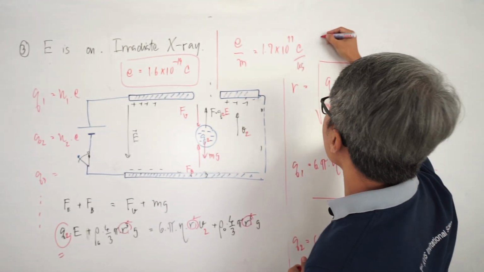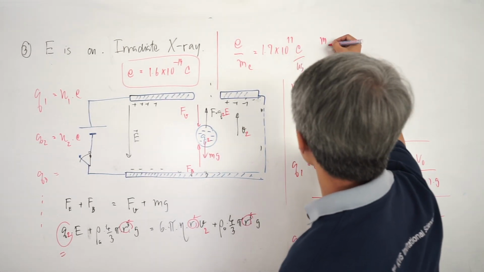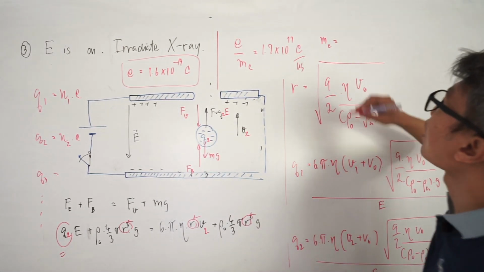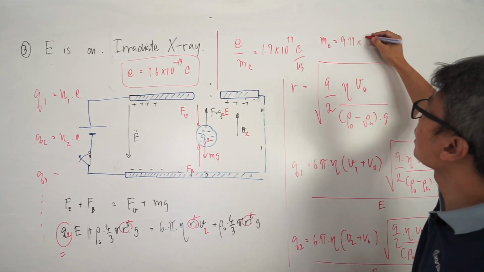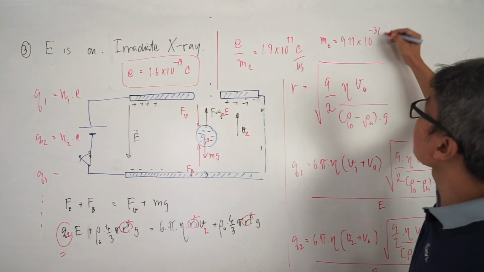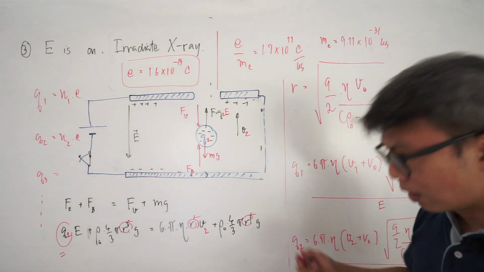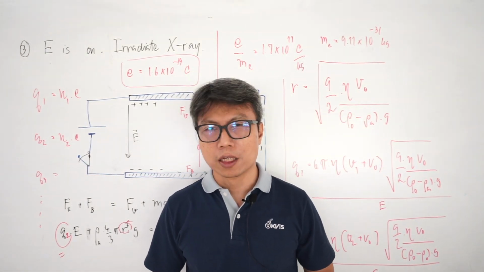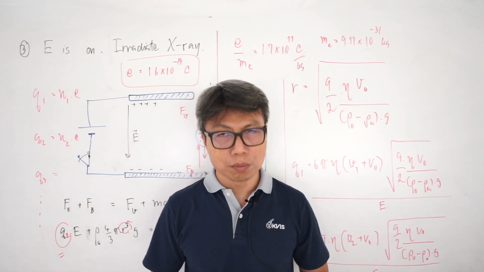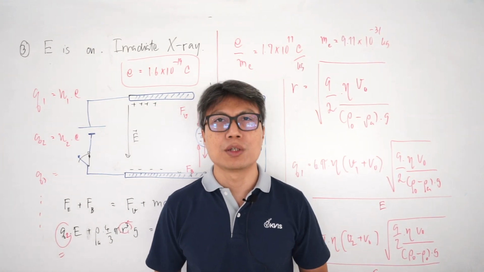The mass of the electron is roughly 9.11 times 10 to the power minus 31 kilogram. And that is all for the calculation on the Millikan oil drop experiment.